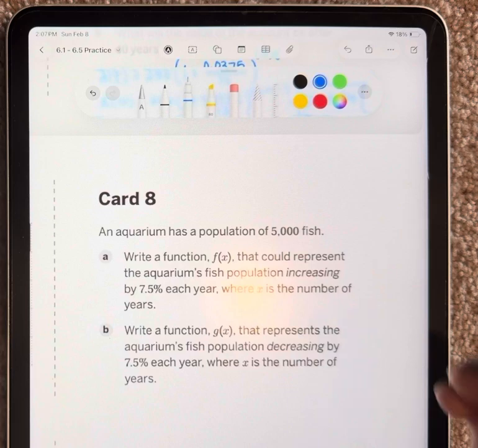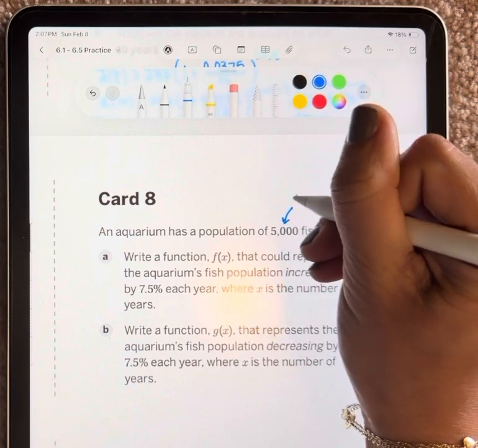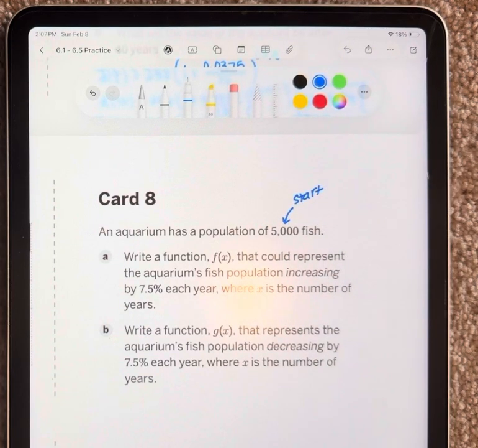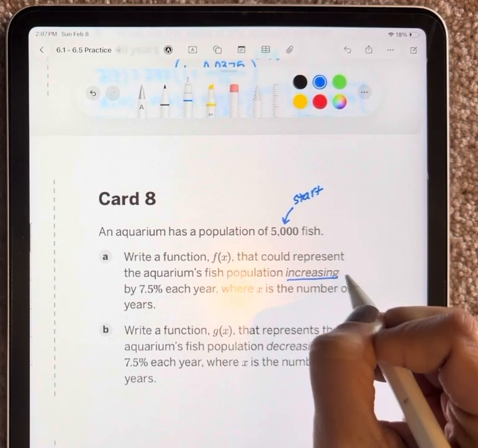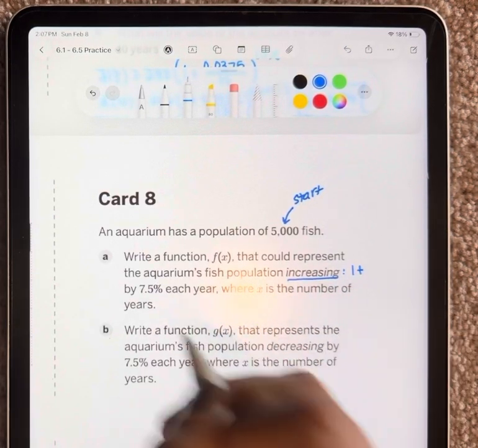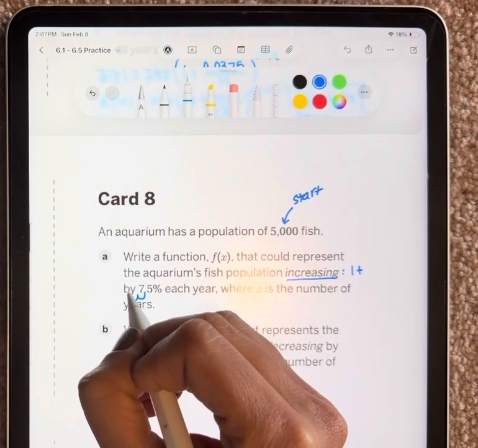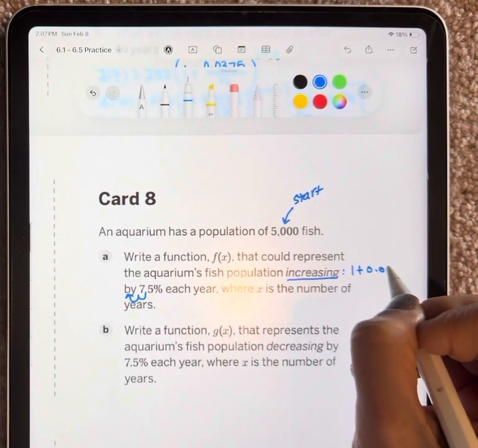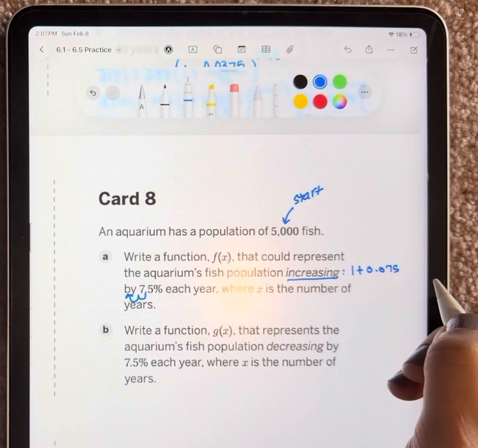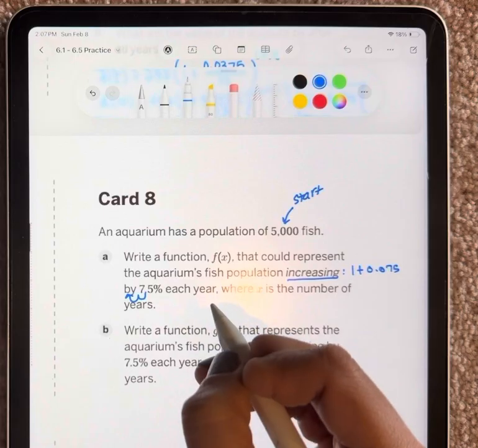However, I do hope that you can figure it out. An aquarium has a population of 5,000 fish. This is my starting amount. They want me to write a function that can represent if we're increasing. Remember, increasing means 1 plus whatever percentage rate they're about to throw at me. The decimal has to move twice to the left, so it's 0.075. Okay, and the function that they want, I'm ready, let's go.